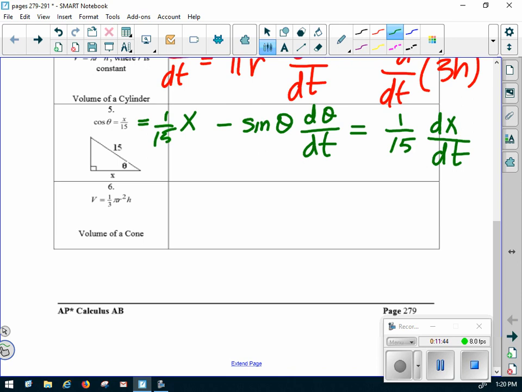That's Leibniz's notation. It was not intended to be a fraction, but we can consider it like a fraction. However, do not split the dx and the dt up. For instance, don't put 1 dx over 15 dt. Leave the dx dt as a unit. Okay?